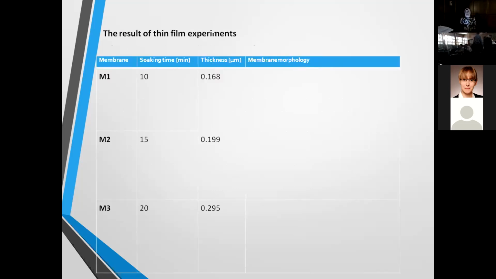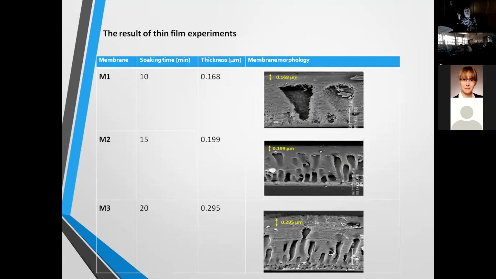The results we see: for membrane soaking time of 10 minutes, the thickness will be 0.168 micrometer. For 15 minutes, the thickness will be 1.99 micrometer. For 20 minutes, the thickness will be 0.295 micrometer.